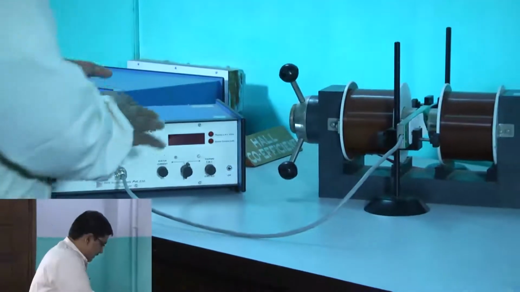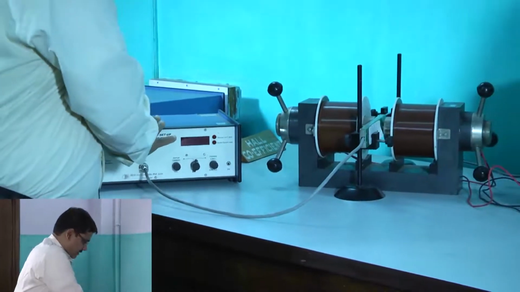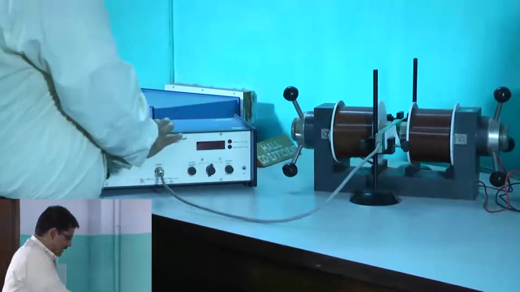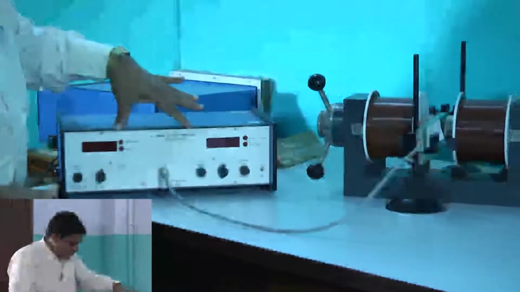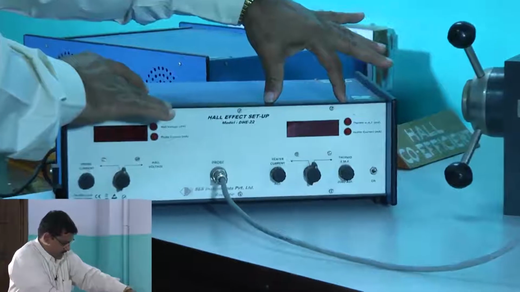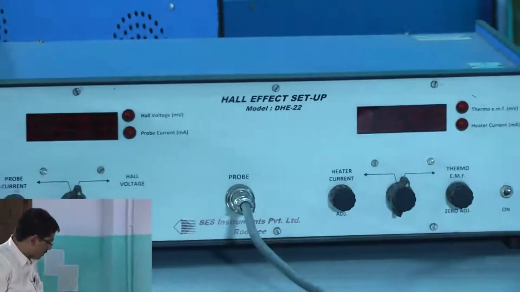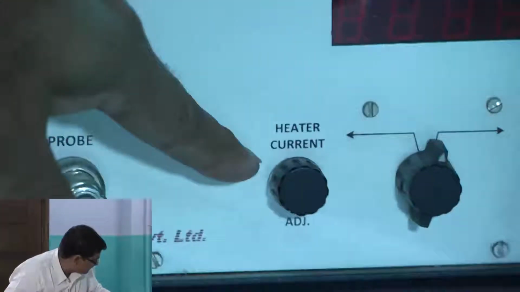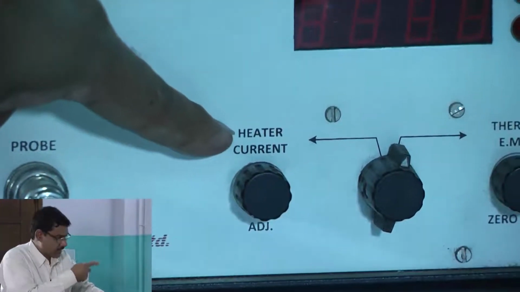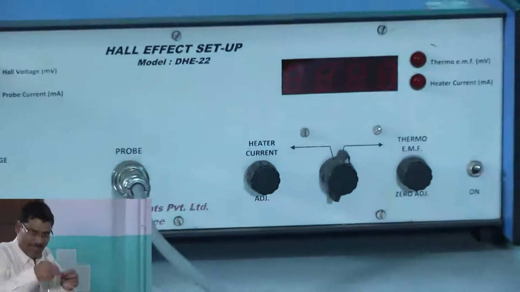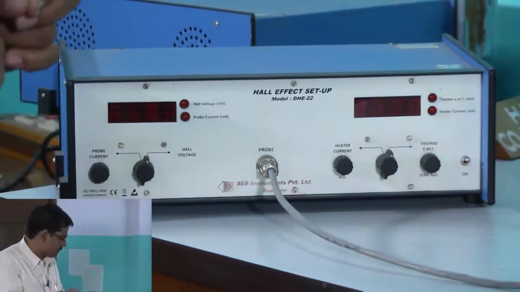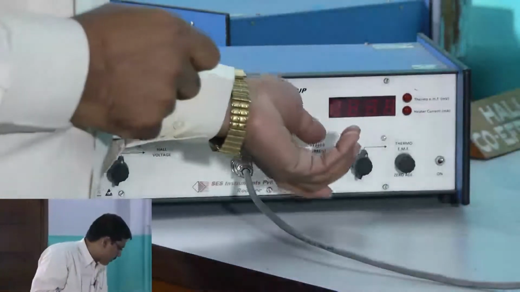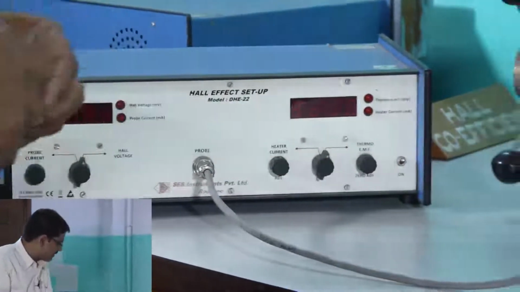Also, it is measuring the temperature as well as the Hall voltage. Inside the box you can see there is a heater current. The heater is a coil, probably of tungsten.